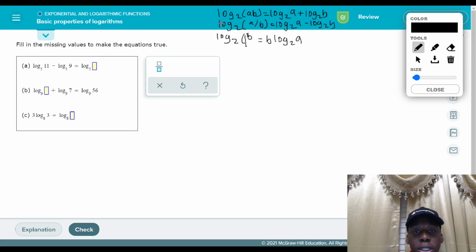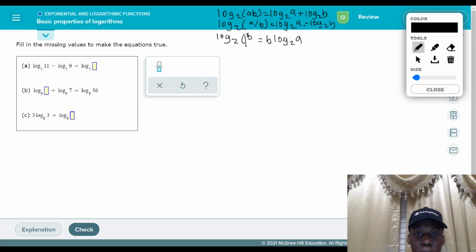That's the same approach we're going to use in this second property. This is going to be log 2, but in this case, we're dividing a by b, and since we're dividing a by b, it's no longer going to be a plus. In this case, it's going to be a minus now. So it's going to be log 2a minus log 2b, okay? And this is the power property of logarithms.